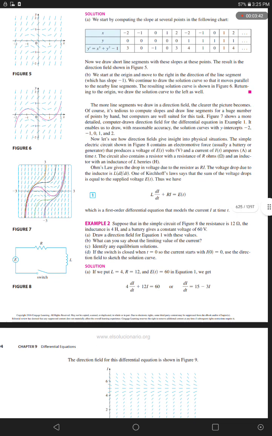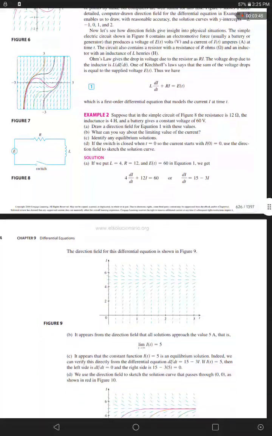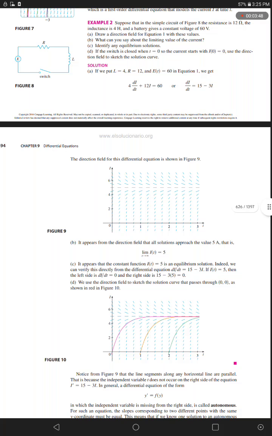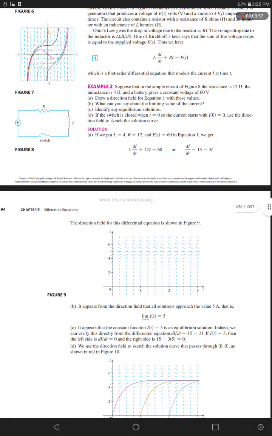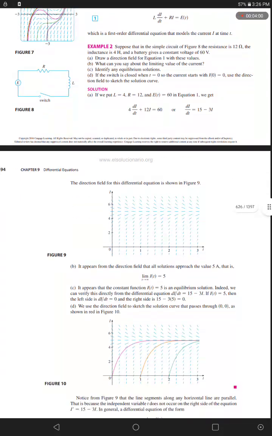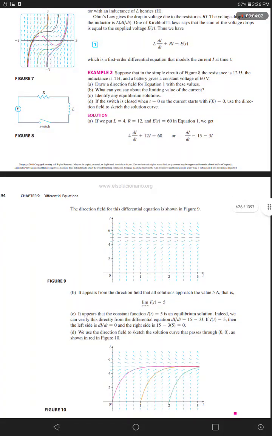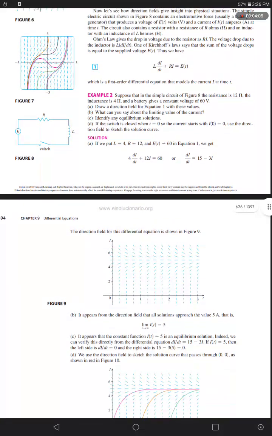Example 2. Suppose that in the simple circuit of figure 8, the resistance is 12 ohms, the inductance is 4 henries, and a battery gives a constant voltage of 60 volts. Part A, draw a direction field for equation 1 with these values.